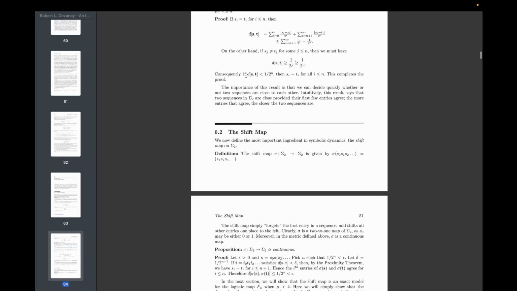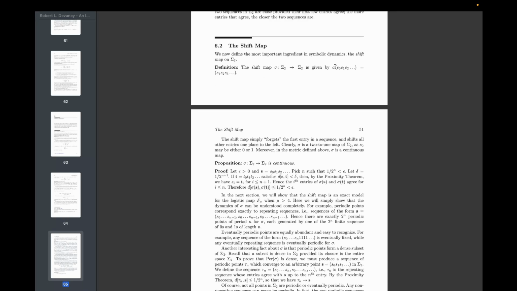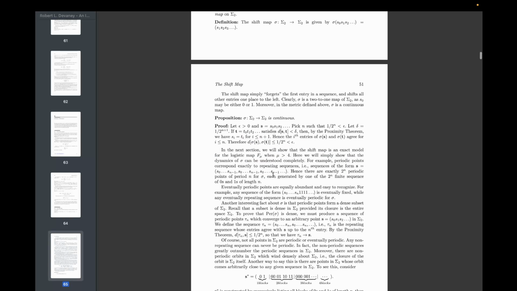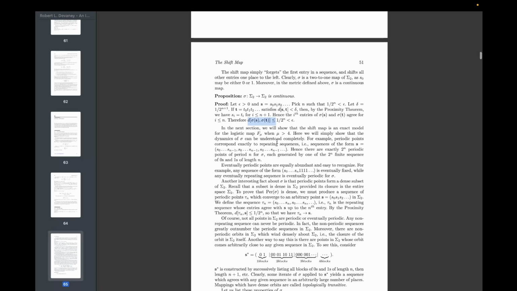And they define this shift map, which is essentially just removing the first term. They prove continuity by saying for every epsilon there is a delta, using the distance that they have. So this is not just a metric on R, but a metric on some other space, which is what they call the sequence space.